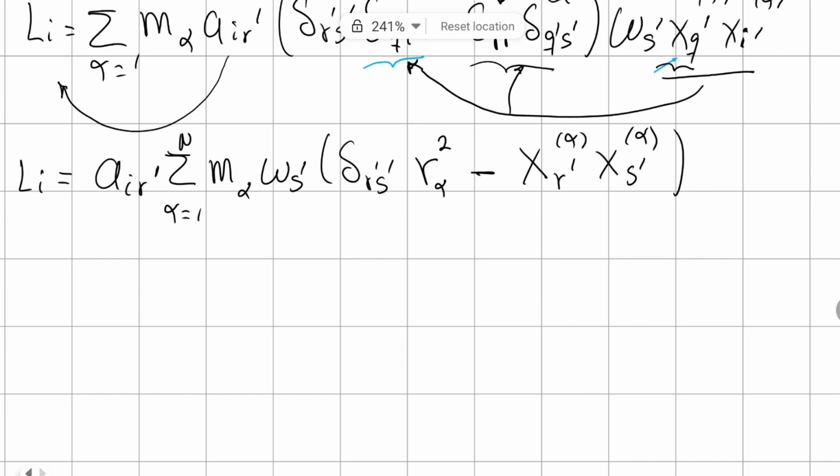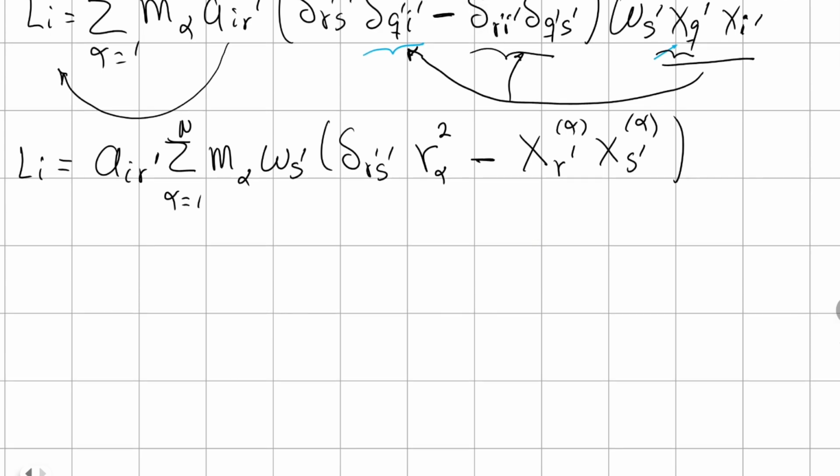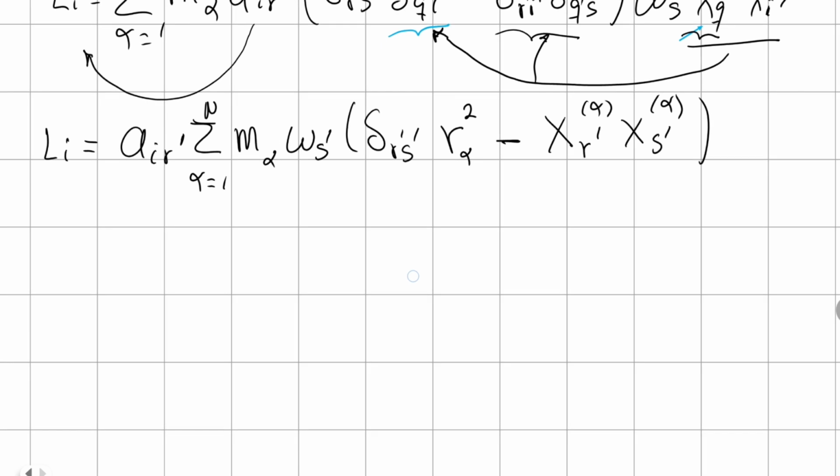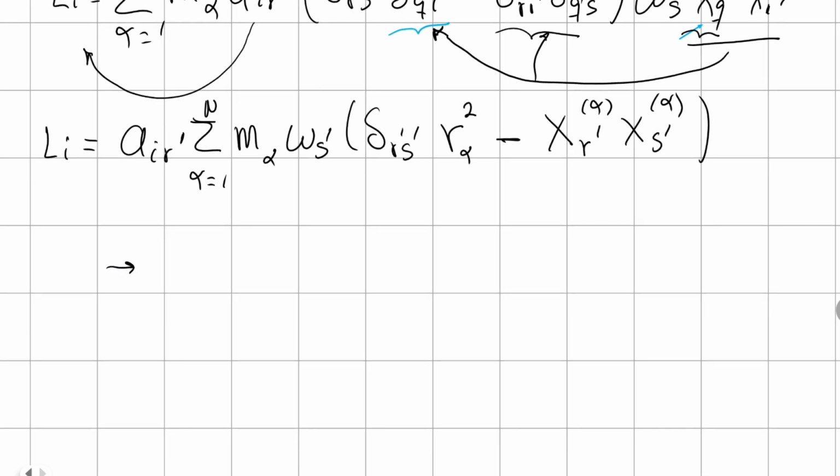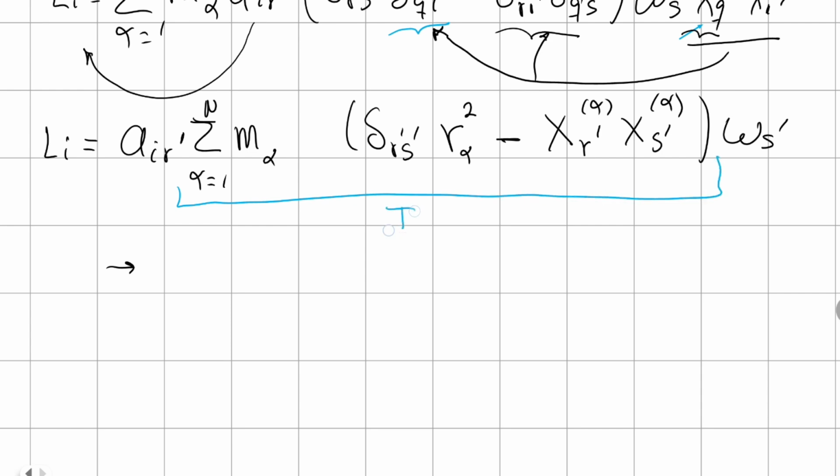As you can immediately notice, we have an expression equal to the inertia tensor definition in the prime basis, in the fixed coordinate system. So if I take this omega s here, you can immediately see that this expression is the inertia tensor I_R'S'. So the L_i component is equal to A_IR', the inertia tensor I_R'S', like this.